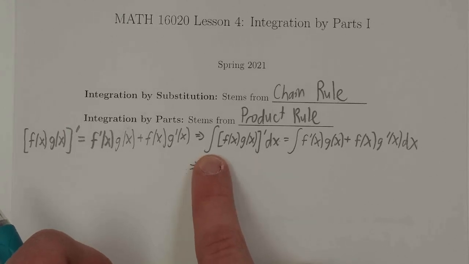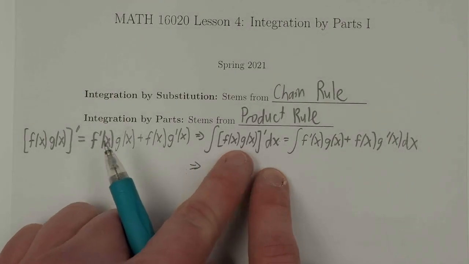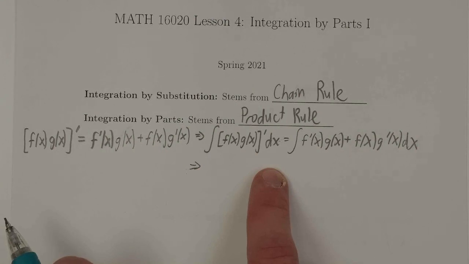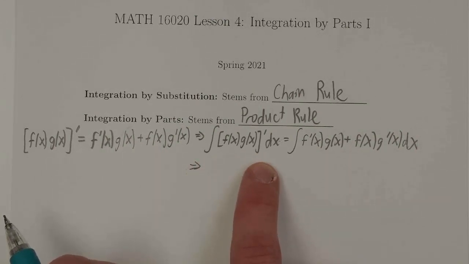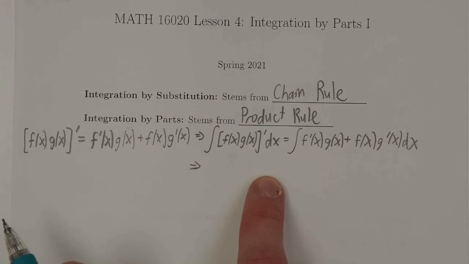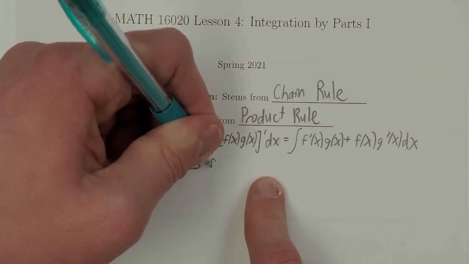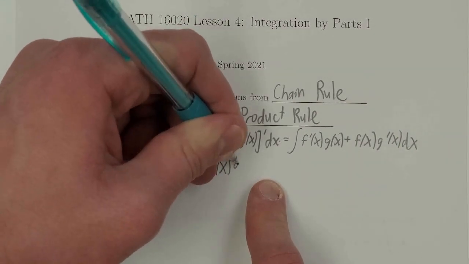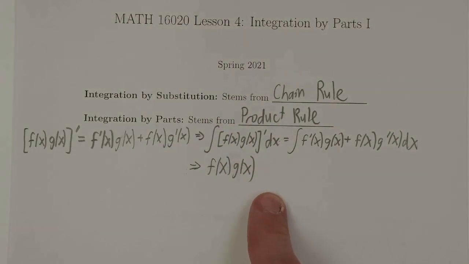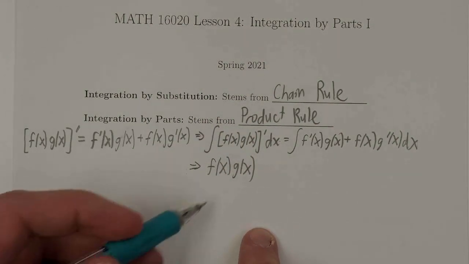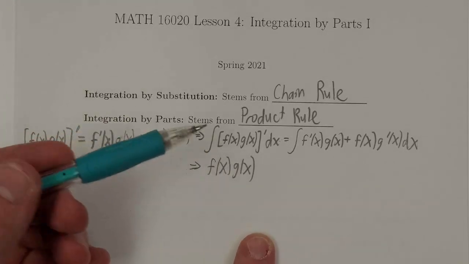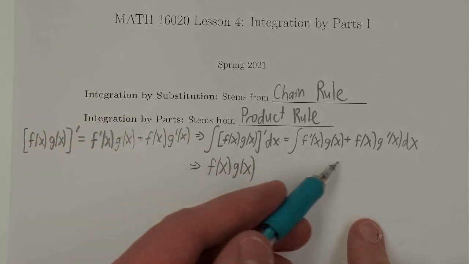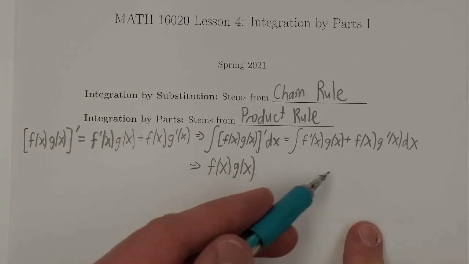Yeah, they cancel out, right? So you're just left with f of x times g of x. Now you might think, wait a minute, are we supposed to add plus c to this? Normally we would, but there are still indefinite integrals here, so for now we're going to hold off on adding plus c.